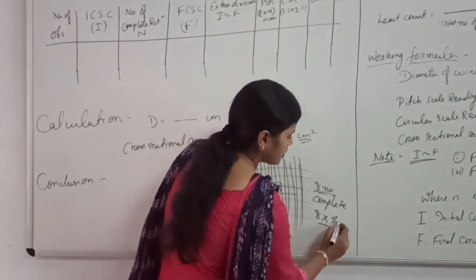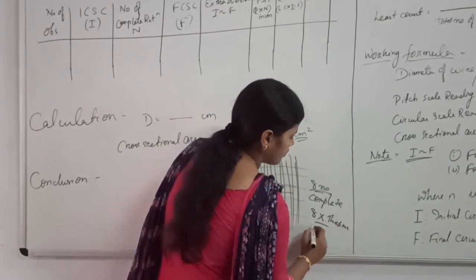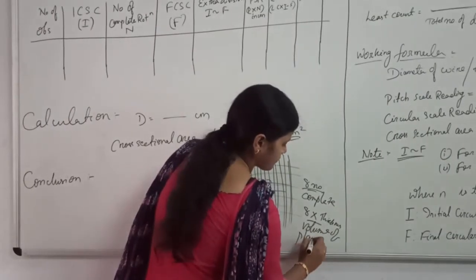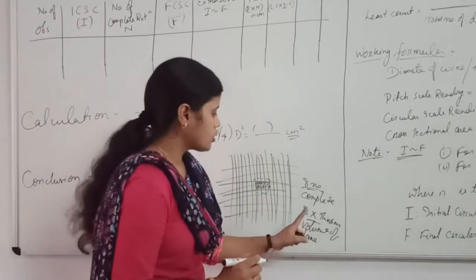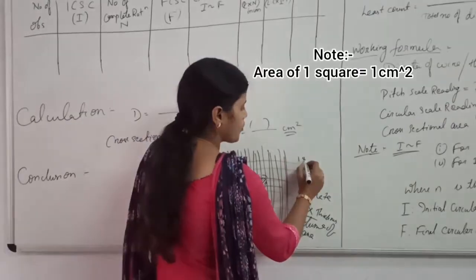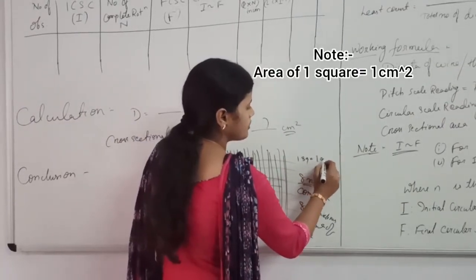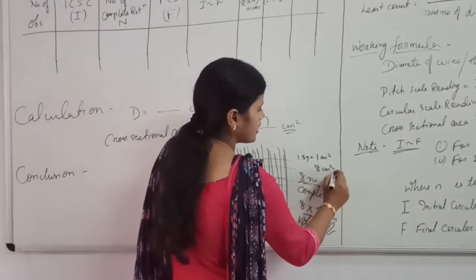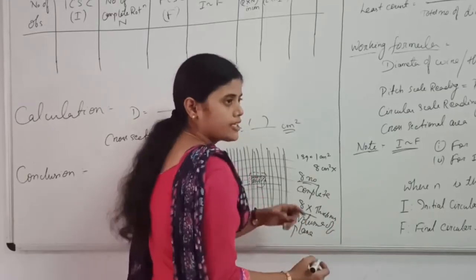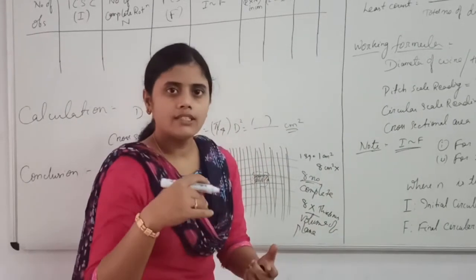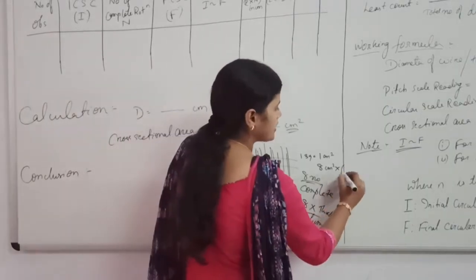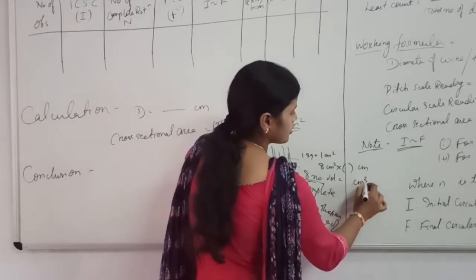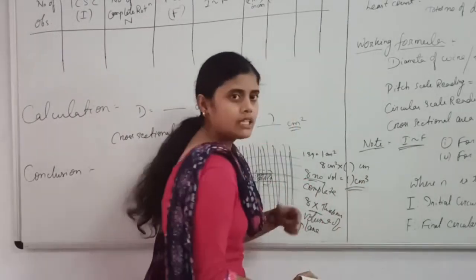That will give you the volume of the plain lamina, because 1 square is equal to 1 centimeter square. So it will give you 8 centimeter square into the thickness. Thickness will be found in centimeter, so when you multiply, the volume will be in centimeter cube.